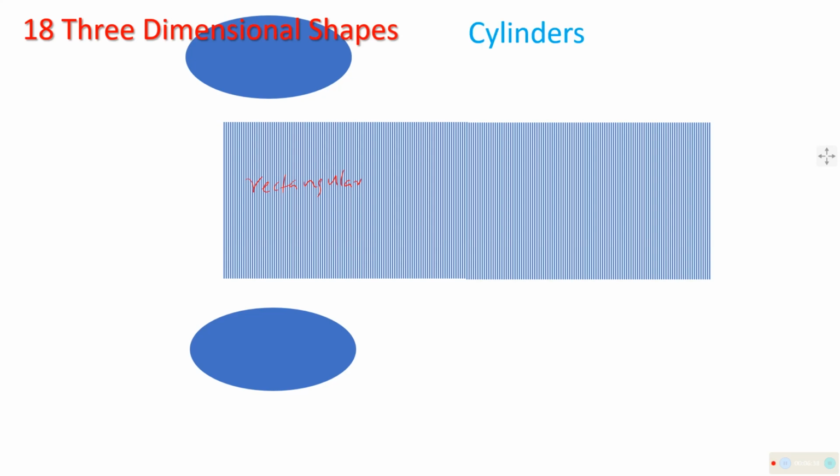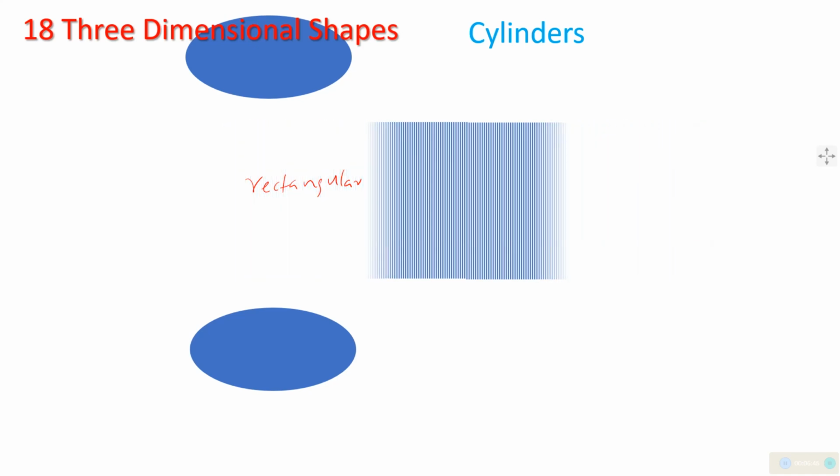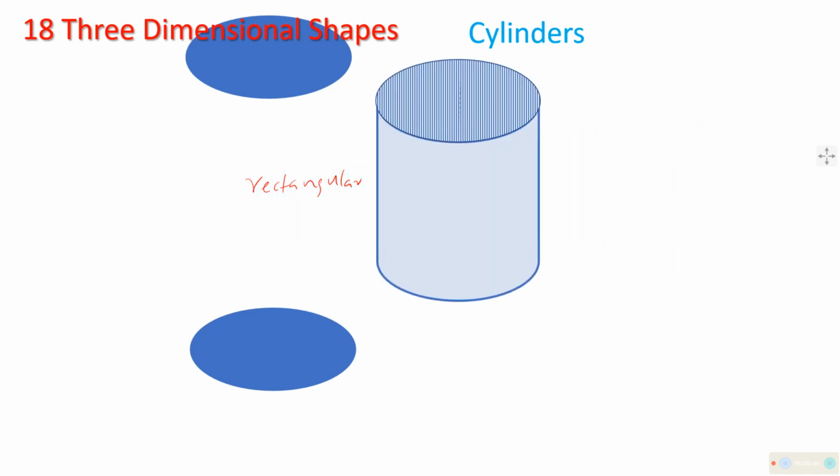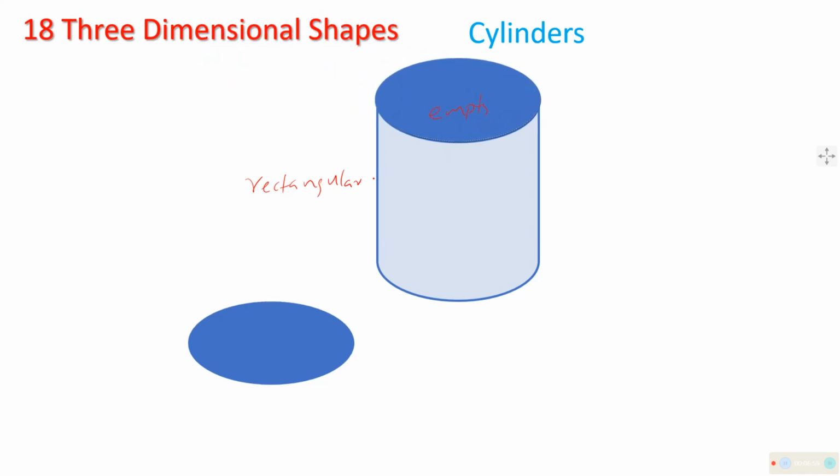Cylinders are three-dimensional figures having circular face on top and bottom and a curved surface in between. So if you fold this, it will remain like this. Inside it is empty now, and we will put the lid over here and close below. It becomes a cylinder now. It has got a curved surface.